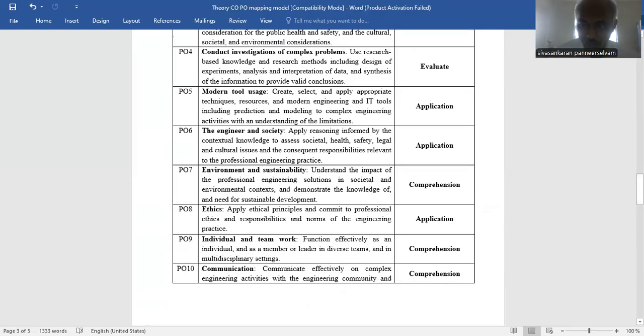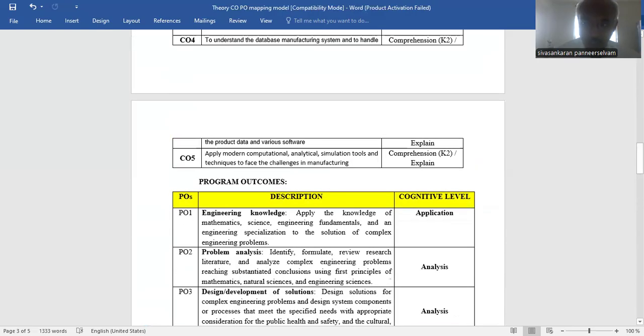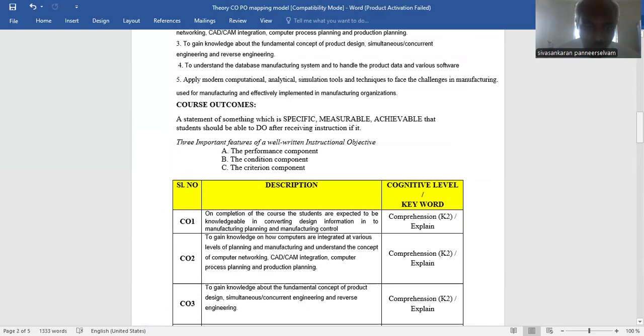Before moving to the mapping of COPO metrics, we shall go through the listing of course outcomes from each unit in order. After completing the first unit, the students will be knowledgeable in converting the design information of the product into manufacturing planning and manufacturing control.